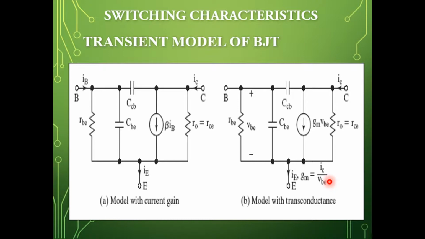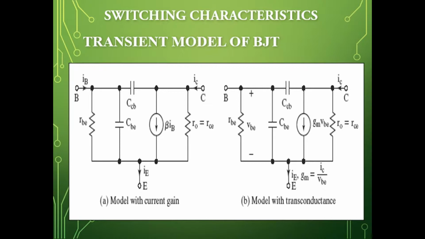When we are dealing with the switching characteristics, these junction capacitances have to be considered. When a PN junction is forward biased, it has two capacitances: one is depletion layer capacitance and the other is diffusion capacitance.